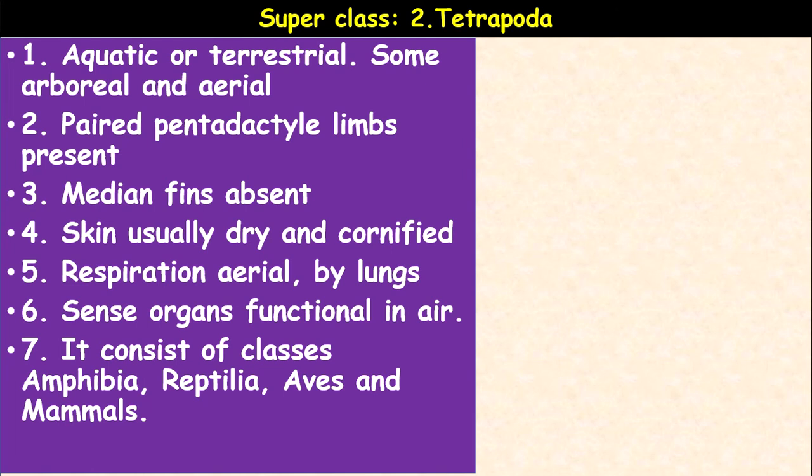Amphibia include the animals which live in both land and water, for example frogs. Reptilia, the animals with dry scaly skin. Aves include birds, all types of birds. Mammals means the animals which give birth to their young ones and feed their young ones with the mother's milk.